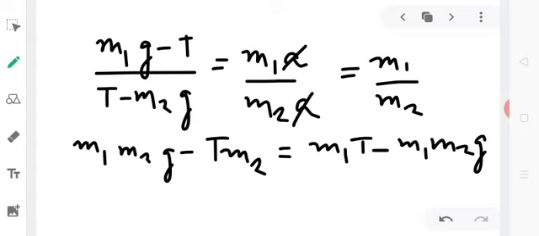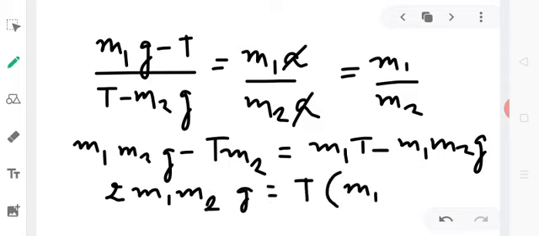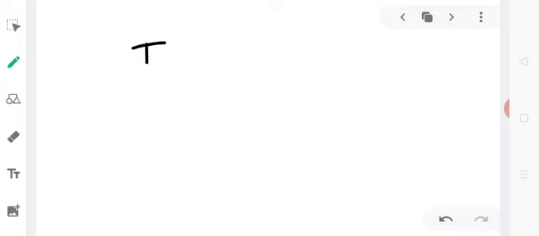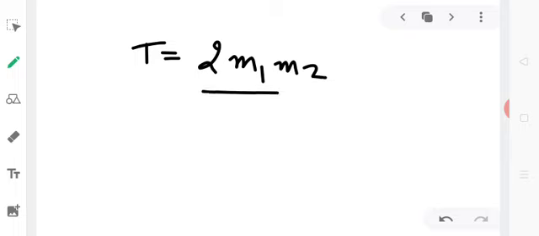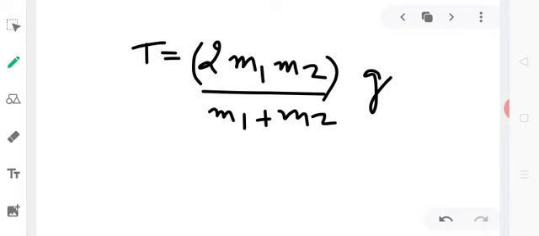So you can get twice of m1m2g to be equal to T taken out as common into m1 plus m2. So now you get T to be equal to twice m1m2 divided by m1 plus m2 into g. So hence tension T in the string can be calculated using this equation.